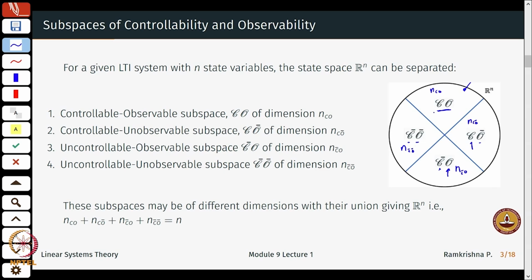Okay. So these would be the respective dimensions. Now these 4 dimensions together will satisfy the relation that all of the subspaces will constitute Rn, and here is a nice pictorial view of this decomposition.